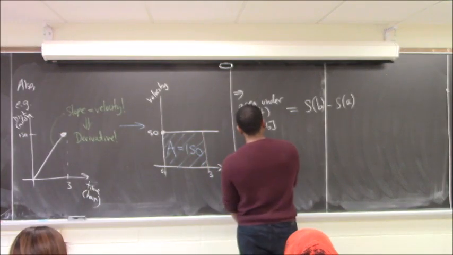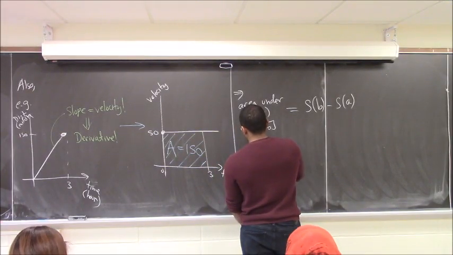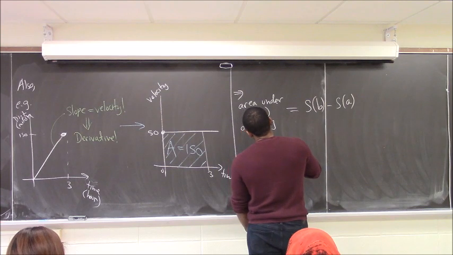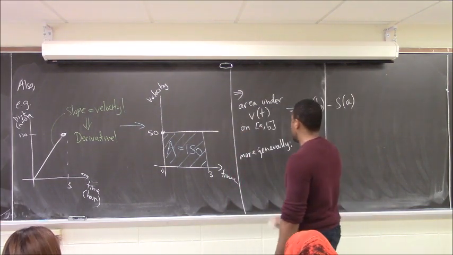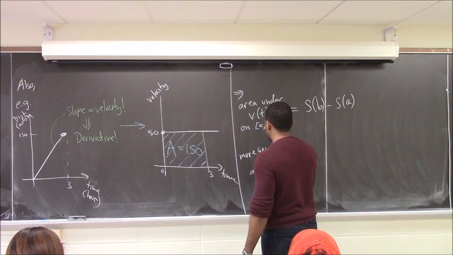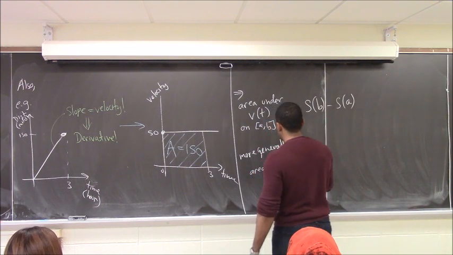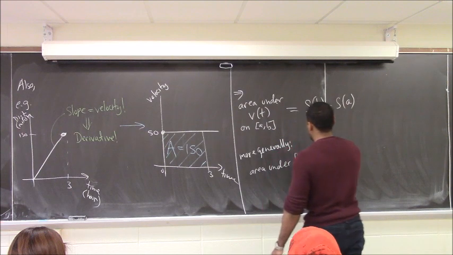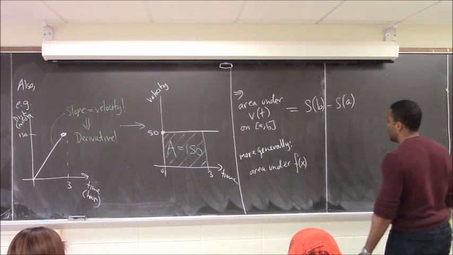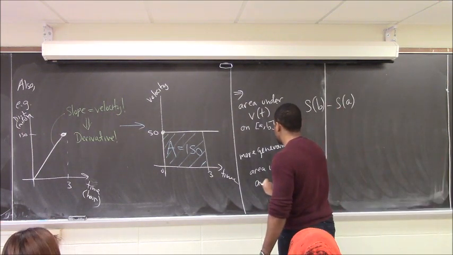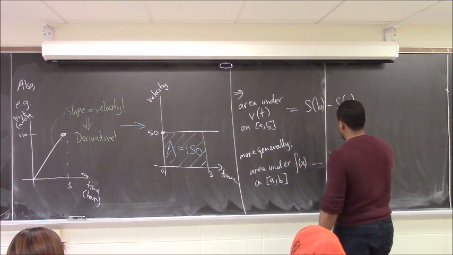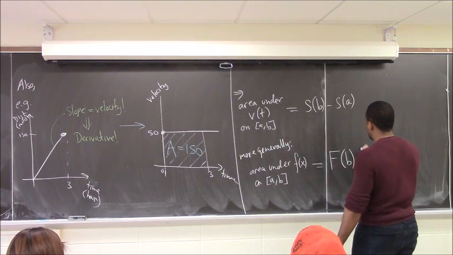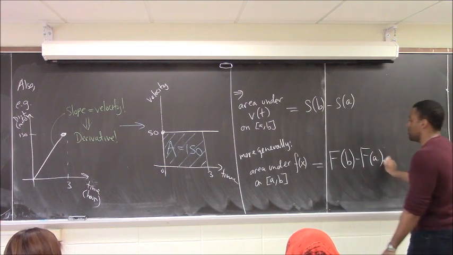Or, more generally, you could realize that the area under f, right? F is representing some function on some interval, is equal to its antiderivative evaluated at the endpoints of that interval.